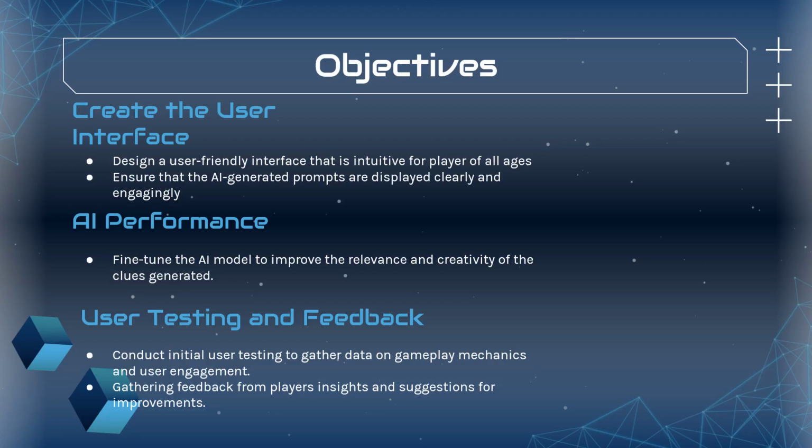These three critical objectives are creating the user interface, the second one is AI performance, and the third one is user testing and feedback. In the course of this project, we might change some things, because we might bring up new ideas. So things might change. But for now, this is the information and this is how we're going to go based on our objectives.